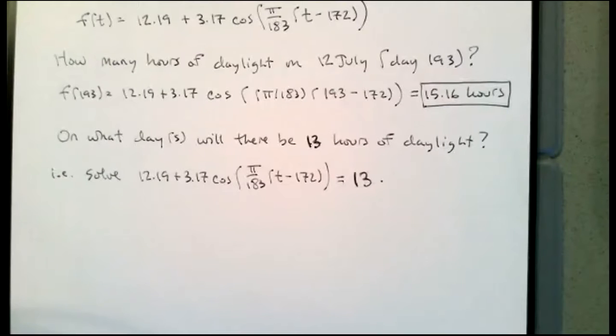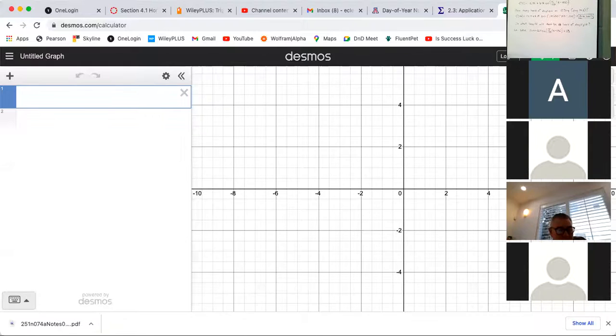A convenient way to solve an equation, especially since we know there's going to be more than one solution, is to use a machine, specifically a graphing calculator, specifically our good graphing calculator.